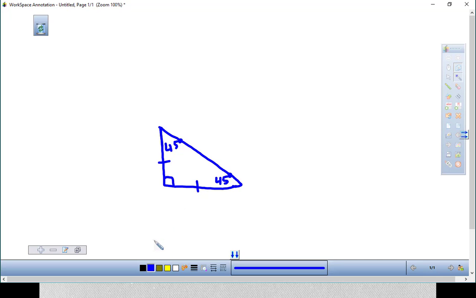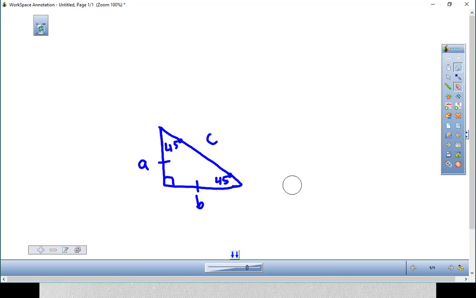So it's isosceles, right? If you were doing the Pythagorean theorem, you'd start off with a, b, and c here. But in this case, this is an isosceles triangle, so this side is equal to this one. Those two are always the same.